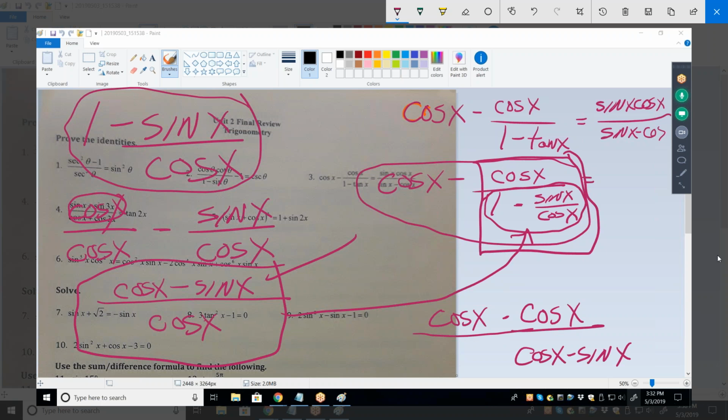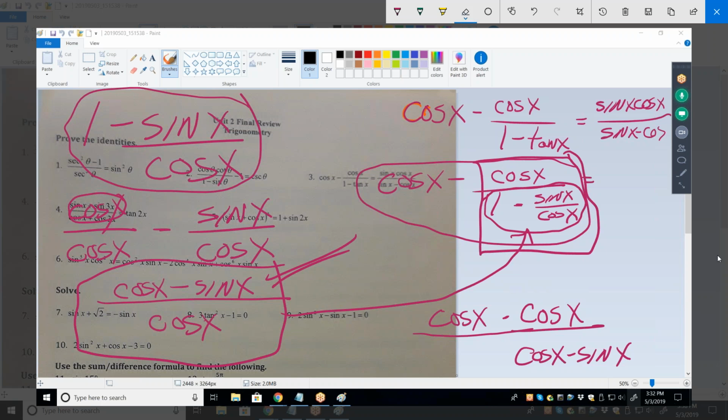In other words, I'm multiplying cosine x by the flip of that. Well, that gives me cosine squared of x.